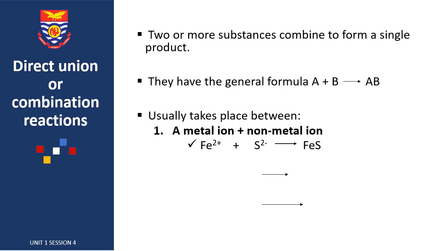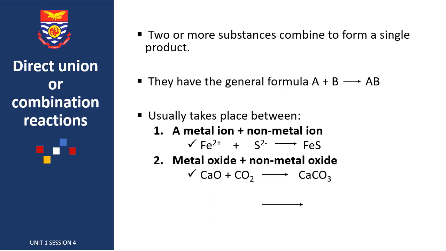So, for example, we have iron(II) ion, which is a metal ion, and then sulfide, S2 minus, which is a non-metal ion. So these two, when they come together, they form a single product. That is iron(II) sulfide.